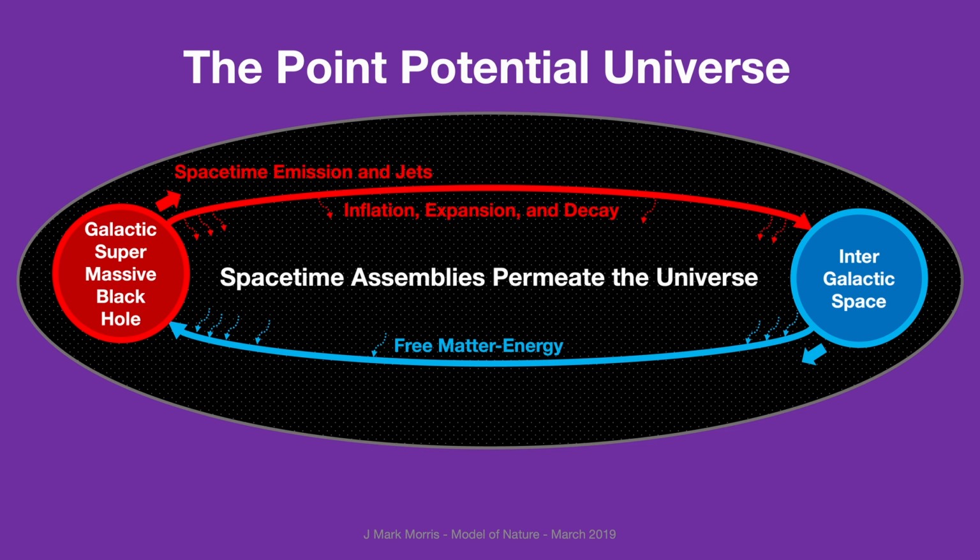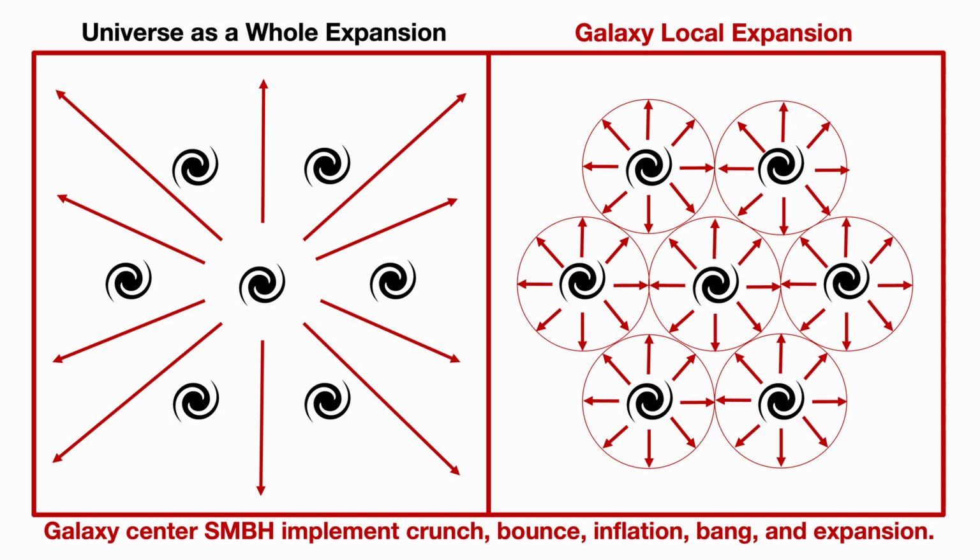And that's the inflation part of what we call the Big Bang, except it's not a Big Bang. It's not a one-time event 13.8 billion years ago. What we call the bang is inflation inside of a supermassive black hole, the escape of these Noether cores that are extremely high energy, extremely tiny, extremely difficult to detect.